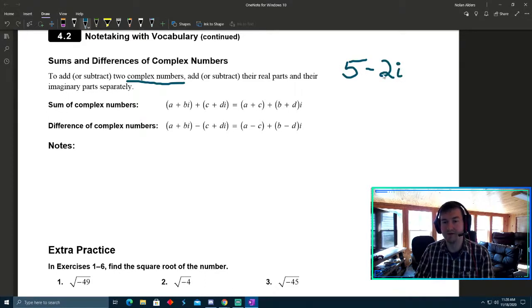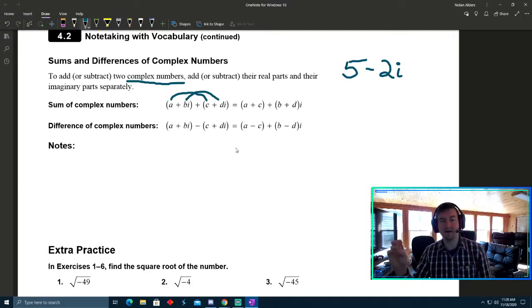So 2i is an imaginary number because it has an i in it, but 5 is a real number. So altogether, we call this whole thing a complex number because it's a combination of real numbers and imaginary numbers.